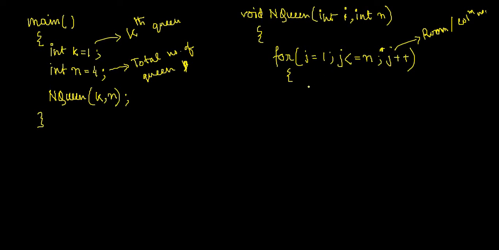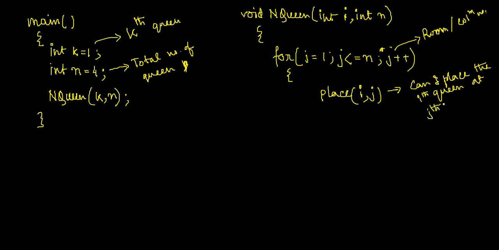So let's call a function, the place function, with arguments i comma j. What will this place function do? This place function checks whether I can place the ith queen at the jth column or room or not.